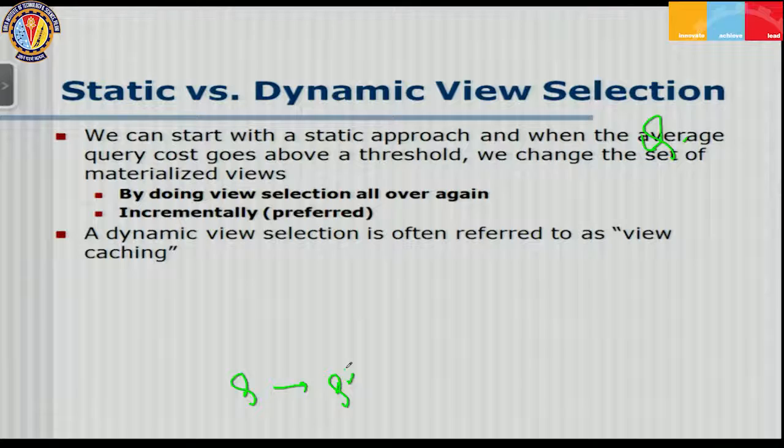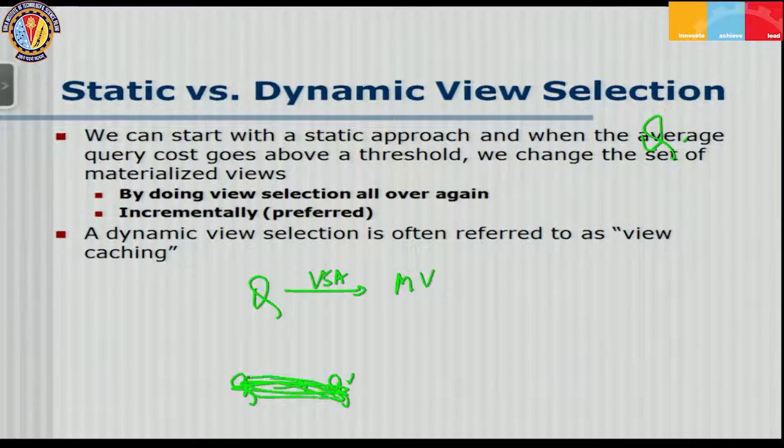So, static versus dynamic, continuing with that. What we can do is start with the static approach, and when the average query cost goes above our threshold, we change the set of materialized views. We can do this by doing view selection all over again. That is, I had a query set Q, and I run the view selection algorithm on this and come up with the set of materialized views.